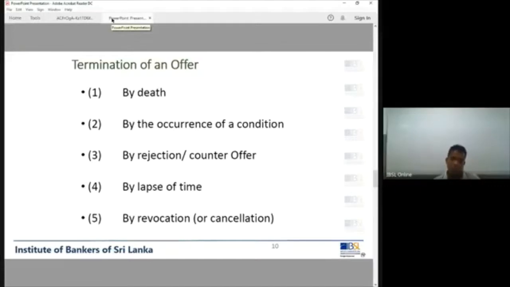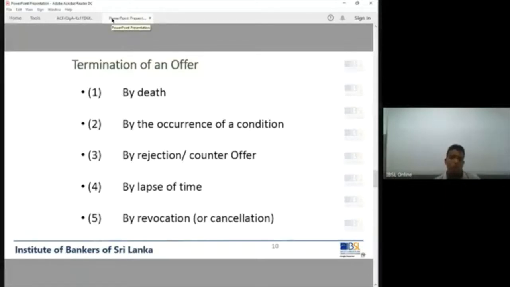If the offeror, when he is making the offer, stipulates a time period where the offer is valid, for example, we say, "I offer to sell my vehicle for 5 million, and if you accept, you have to accept within 7 days." Or when I'm making the offer, I say, "I will sell my vehicle for 5 million.